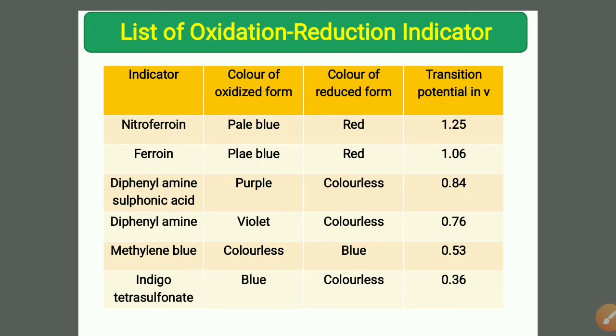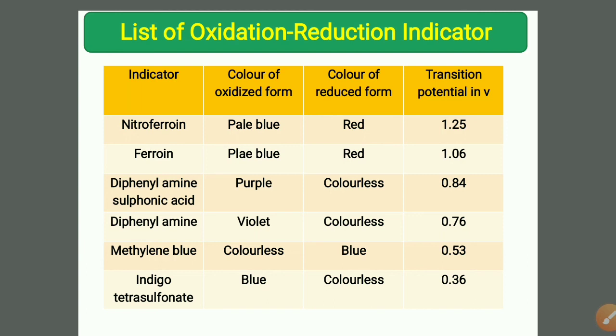The ferroin indicator has a pale blue color in the oxidized form, red in the reduced form, and its potential is 1.06. Diphenylamine sulfonic acid has a purple color in the oxidized form and is colorless in the reduced form, and it has a transition potential of 0.84 volt.